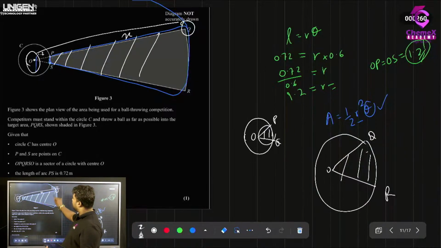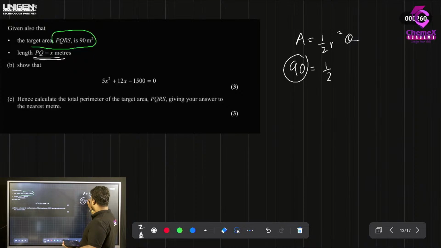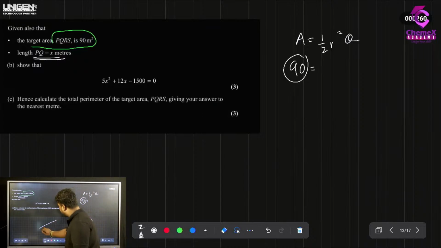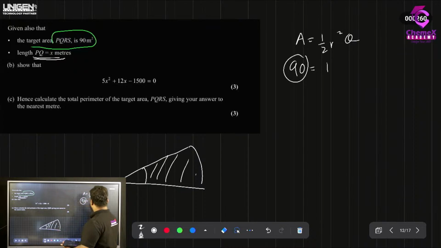You understand that or not? So we have to subtract two sector areas, the small one from the large one. So that means this 90 is after that subtraction.